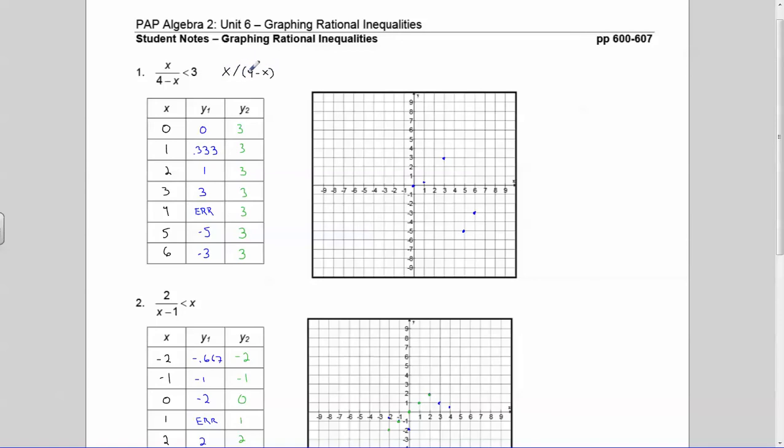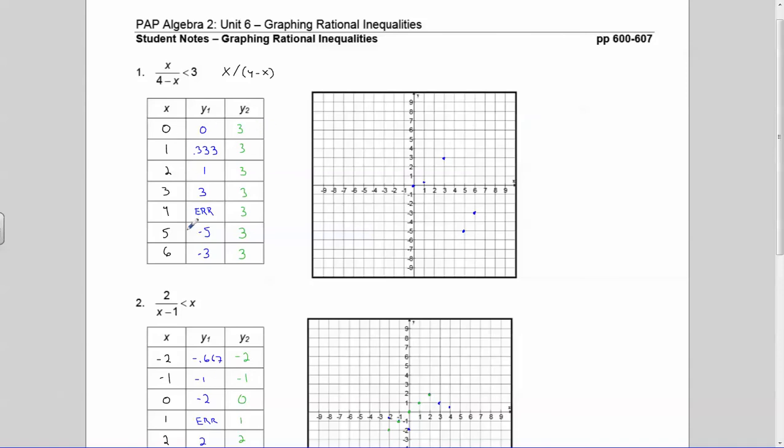So x divided by open parentheses 4 minus x close parentheses should look just like this, because otherwise your calculator will see x divided by 4 and then it will subtract x. So make sure you've got your graph set up properly.